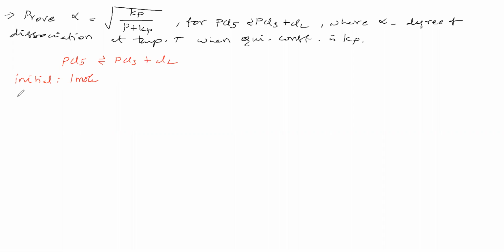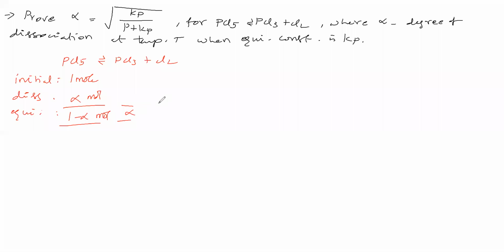So how much is dissociating? Alpha moles dissociate. So how much is present at equilibrium? 1 minus alpha moles present.